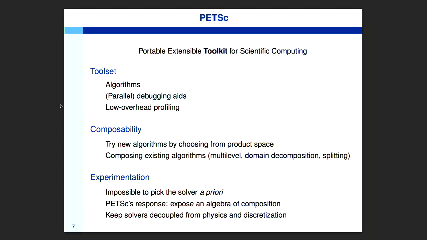We know that it's impossible to select the best algorithms and data structures for your problem a priori. So we really emphasize exposing what we call an algebra of composition, so that you as a user can pick and choose from among various capabilities and then can experiment and refine as you move along.